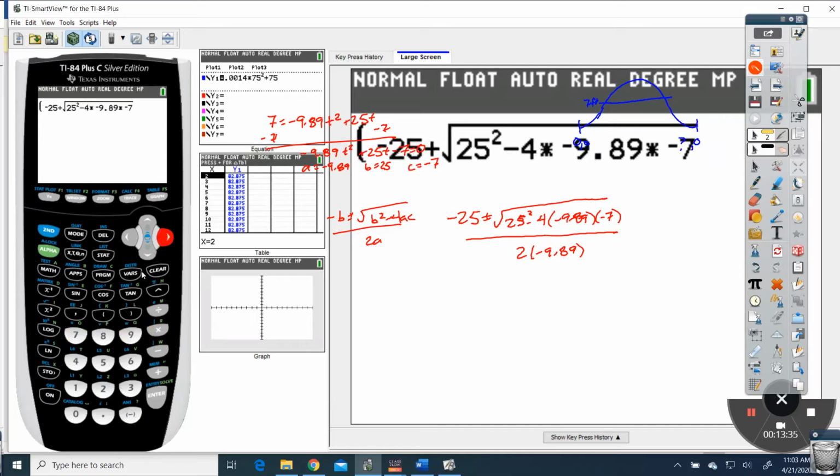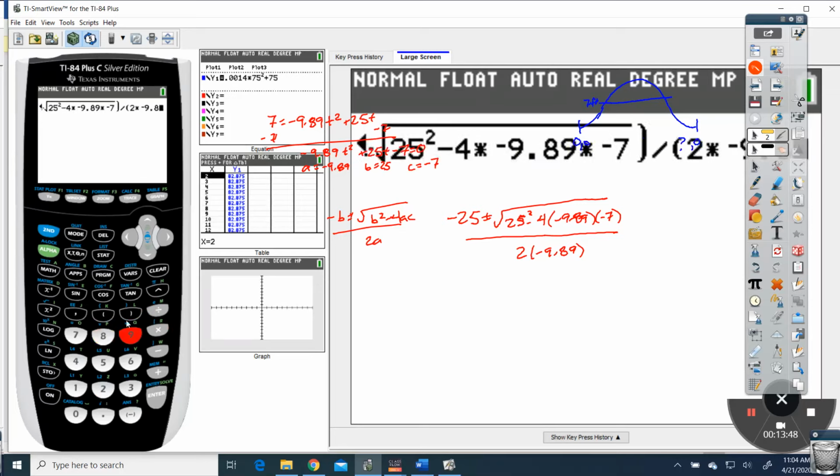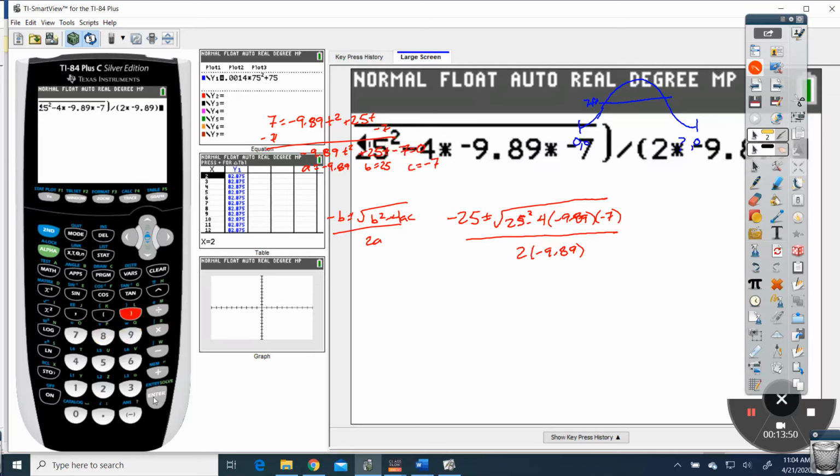I'm going to go out of the parenthesis, out of the square root, close the parenthesis, divided by parentheses. So now I'm going to put all the bottom in parentheses. 2 times negative 9.89 and close the parenthesis. Now I hit enter.